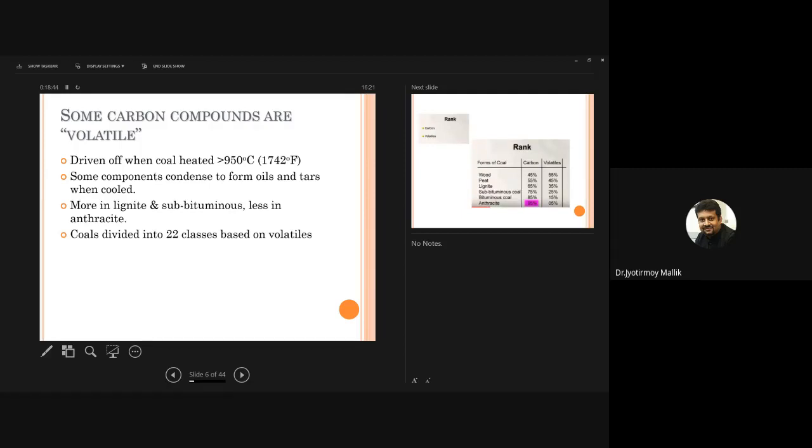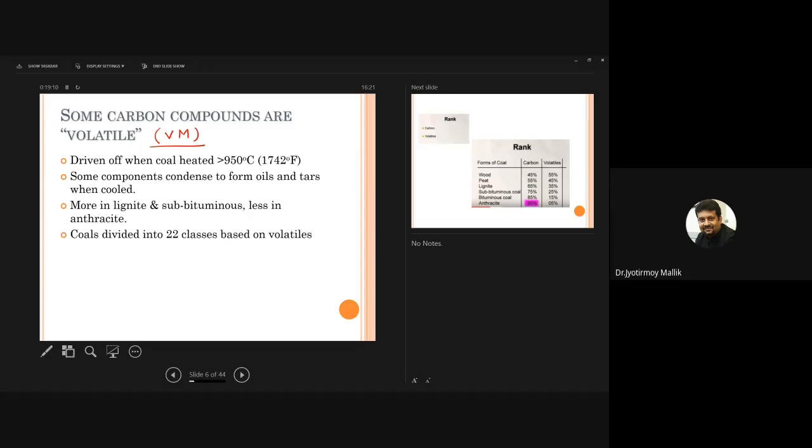So some of the carbon components, as we have been talking, are volatile. We call them volatile matter or VM. Yes, so this is the gaseous part of the coal, and they are inherent. They are present in the coal itself. Okay, but when you heat them, they are driven out from the coal structure.